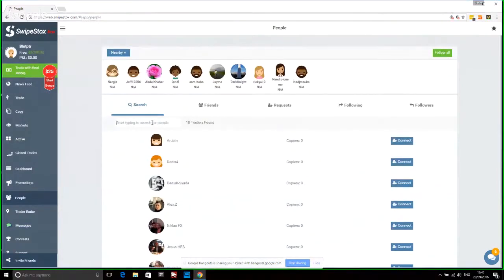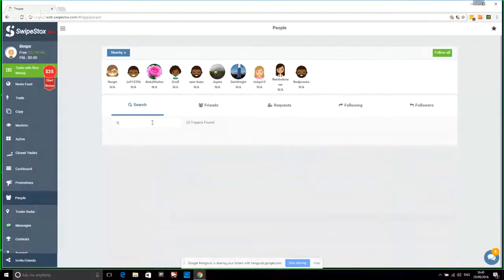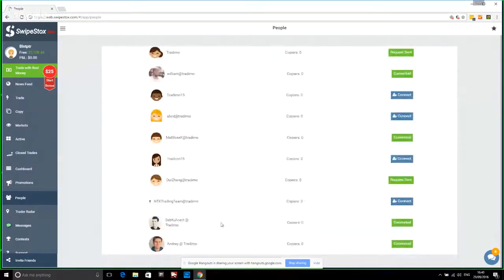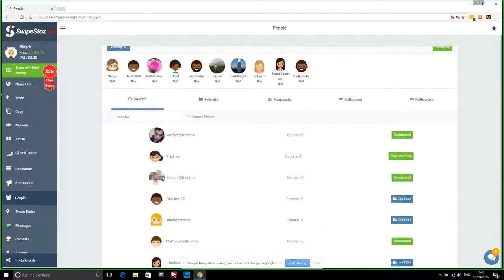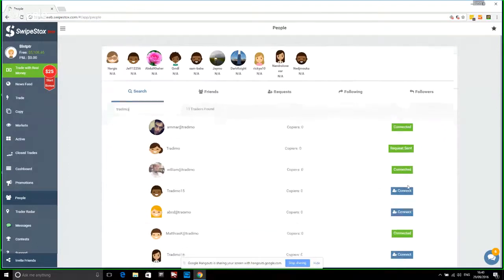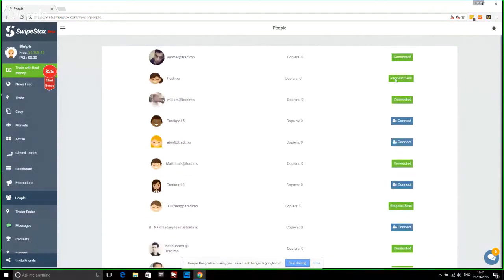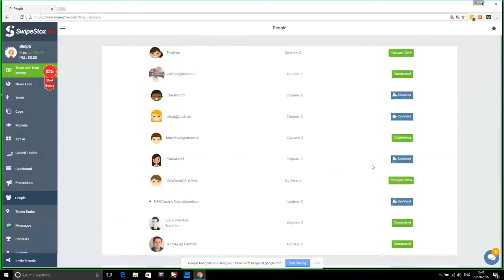The idea for the challenge is that we would like to build a little group of traders with the tag Tradimo. You can follow these traders during the challenge. You can befriend them and connect. I've requested these guys, but they haven't accepted me yet.